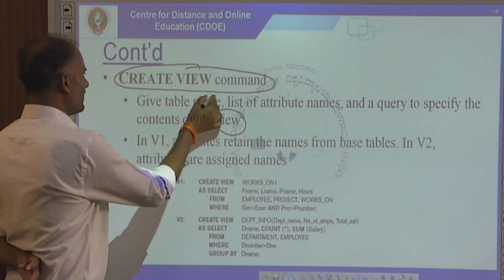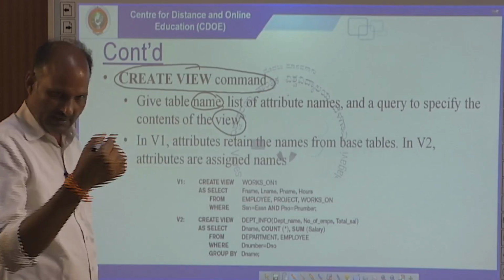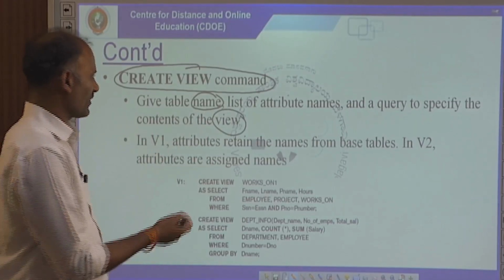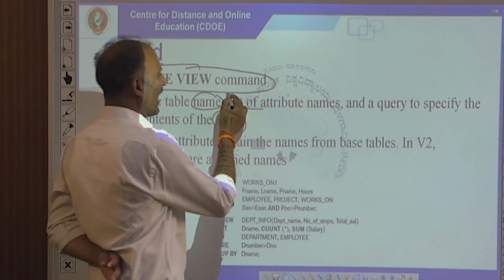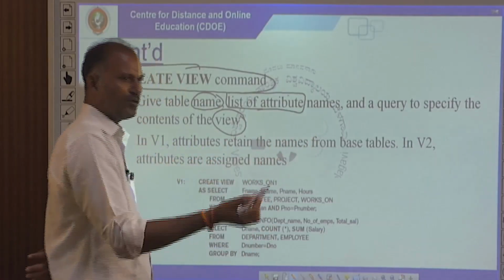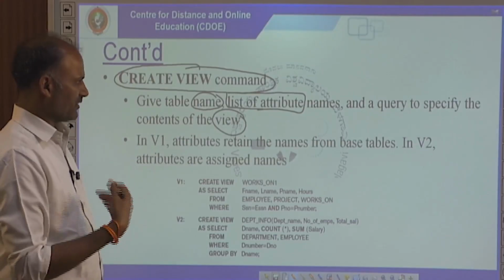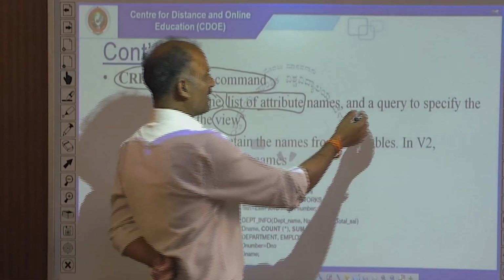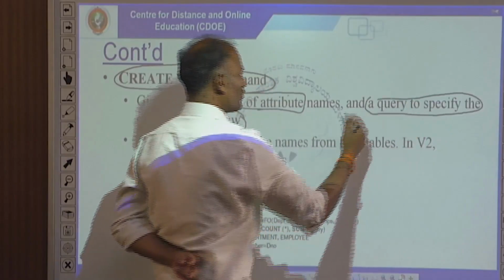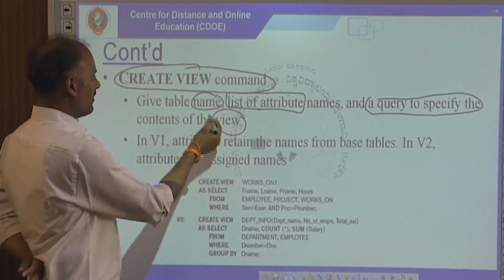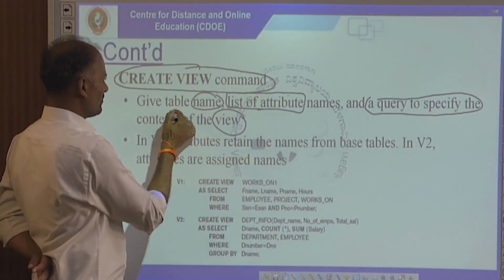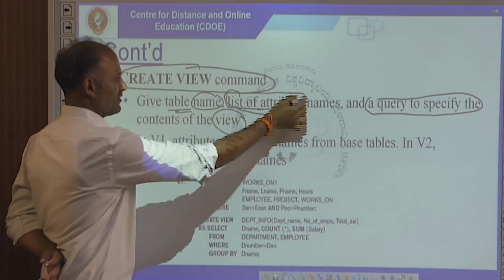You have to specify the name of the table from which you want to fetch the data, the different attributes for which you want to get the data, and the query that you are going to write to get the data from the attributes of this table.